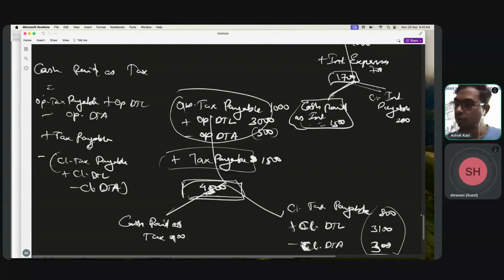Okay, all these are one group. Then the second one and minus the third group. Understood this one? Yes, sir.